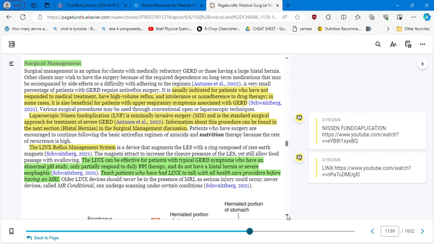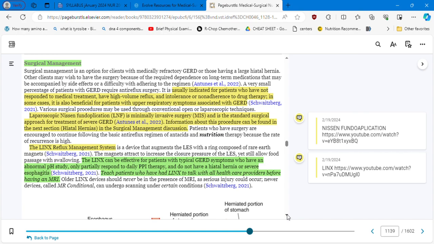The patient is not getting better. Probably the patient is not following the right diet, right? In which case no medication is going to help. In some cases, it is also beneficial for patients with upper respiratory symptoms associated with GERD. So this is severe. It's not only gastrointestinal, but also affecting the upper respiratory system.